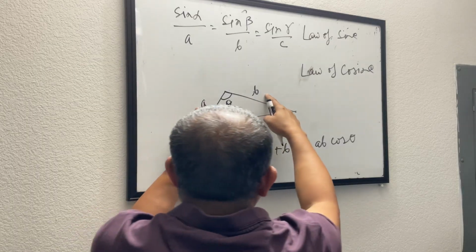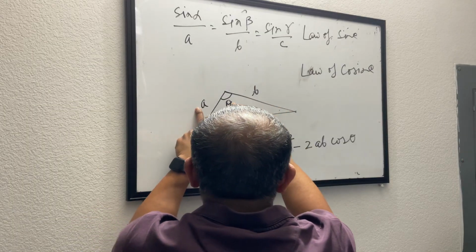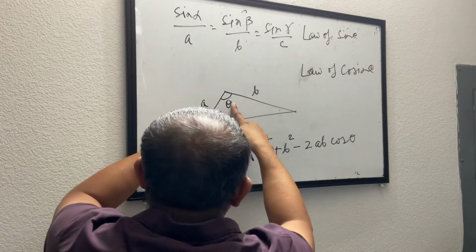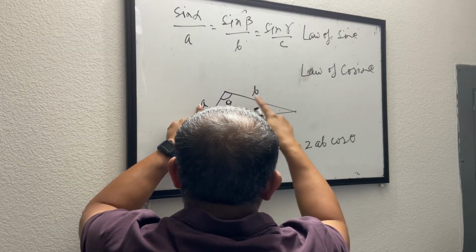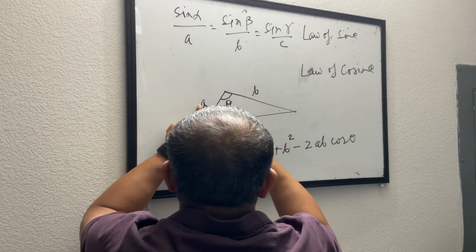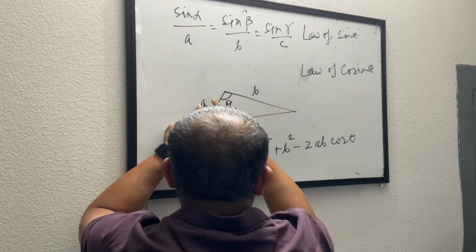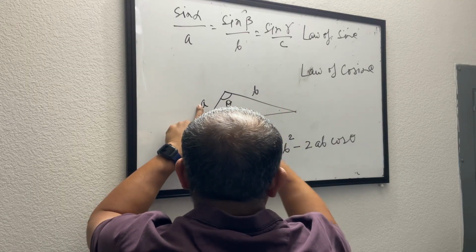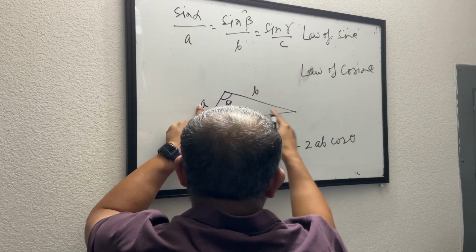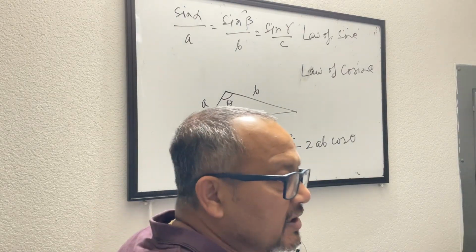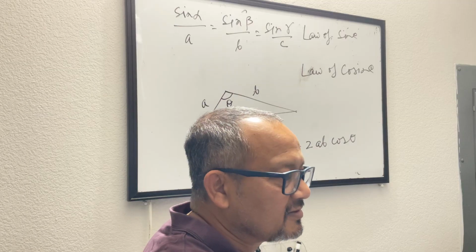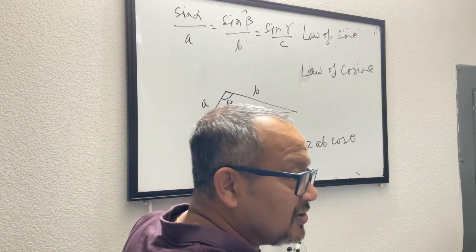A and B are here and the angle is in between. If you want to use the law of sine, what will happen? Sine of this angle divided by A will be equal to sine of this angle divided by B. Now this angle and this angle both are not known to you. How will you solve it in an equation? And when you have this angle, you don't know the side of that.